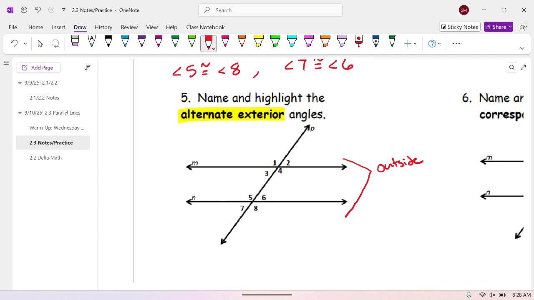Same concept applies. Opposite sides of the parallel lines, but they're just outside now. Can anyone tell me one set of alternate exterior angles? 1 and 8. They're both outside, on opposite sides of the transversal, and they are diagonal from each other. And then there's one other set. What is it? 2 and 7.